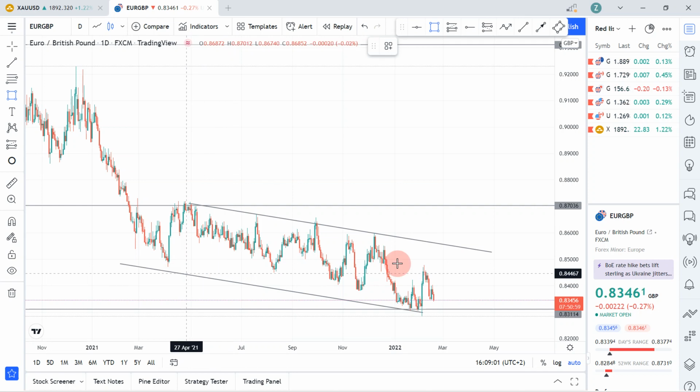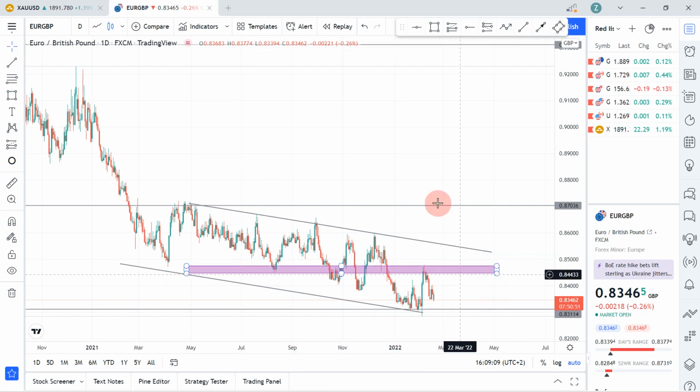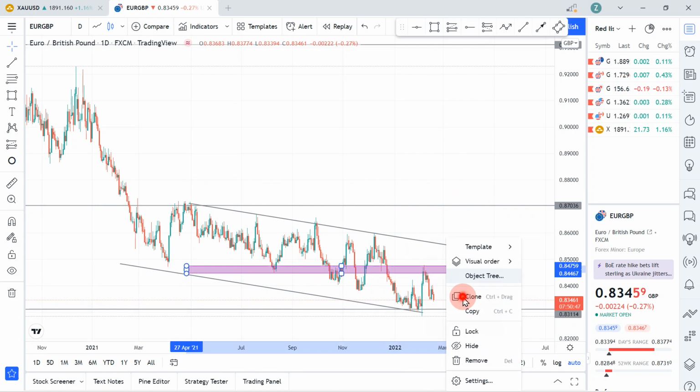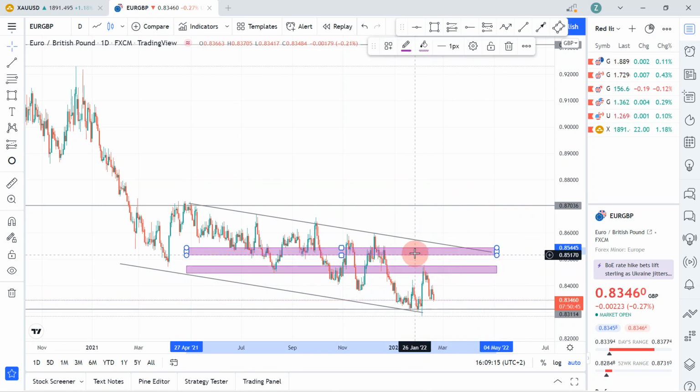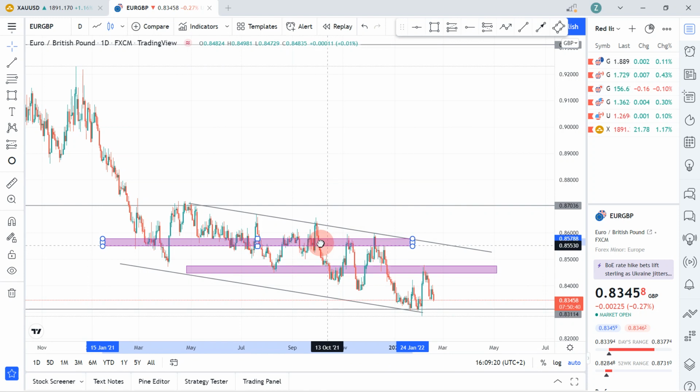zones on the daily time frame. And I prefer you to draw zones and not just key levels, because zones are more accurate and they can help you to see what's really happening.